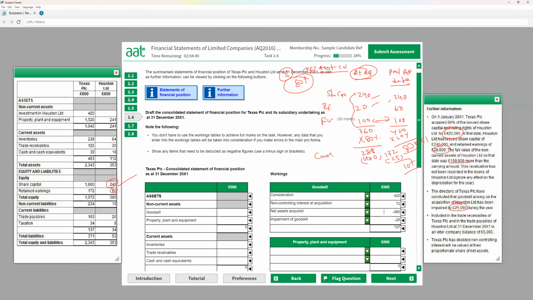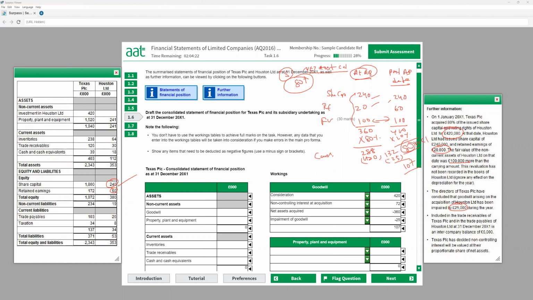Now the non-controlling interest. You can see we have 80, the NCI we have calculated for the subsidiary. This one we need later on. And non-controlling interest on acquisition means that if 80% is the acquisition for the parent, then 20% is for the subsidiary.